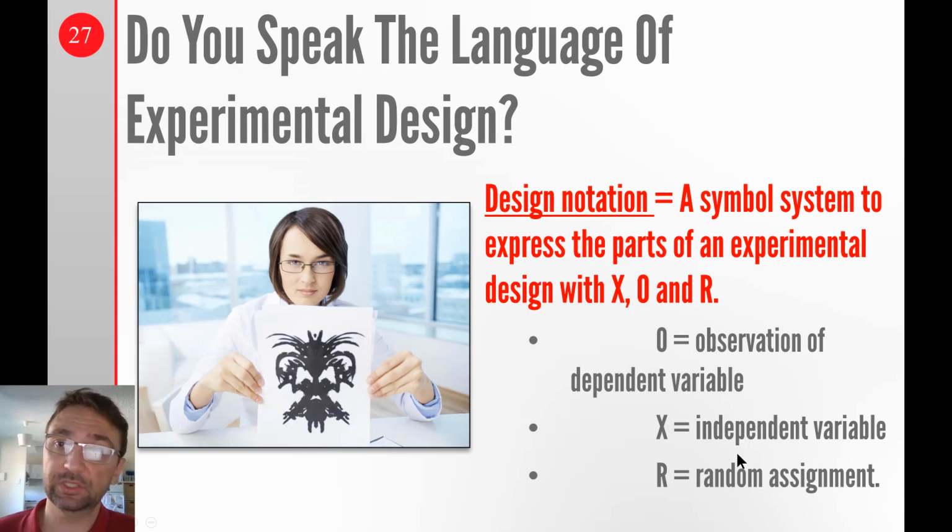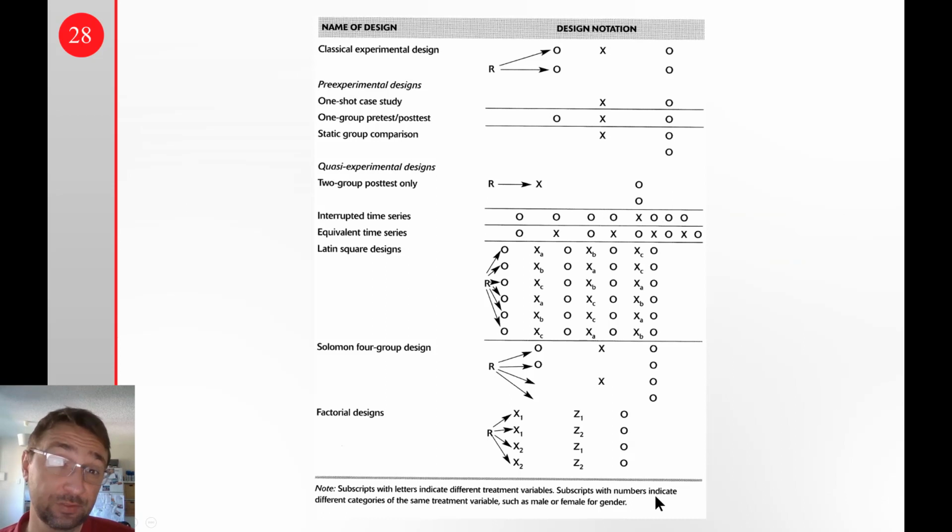There is this thing called design notation, which you can use. It's a symbol system to express a design. We use O to represent observing the dependent variable, X to represent giving the independent variable, and R to represent random assignment. I just want you to sort of know that this happens. If we take a look here, these are some different ways of drawing it and expressing it. The classical experimental design has random assignment into one of two groups, which we then observe.